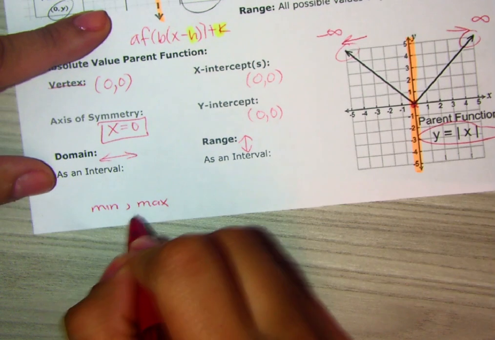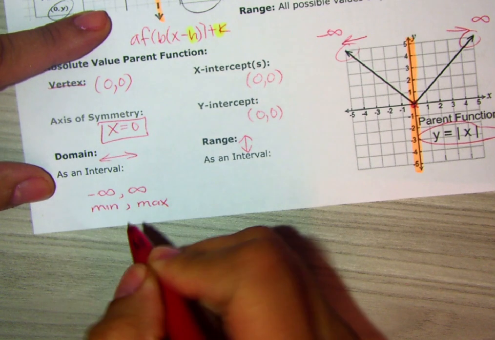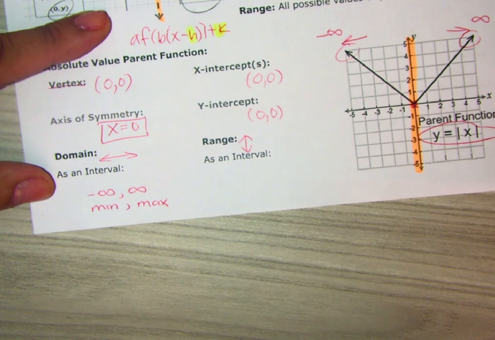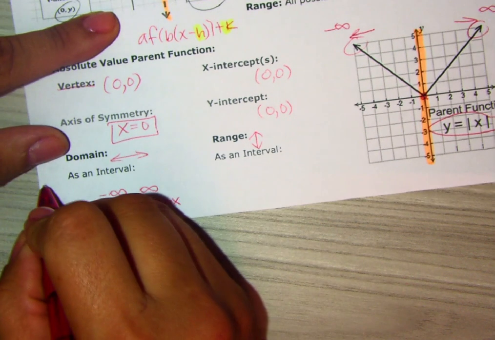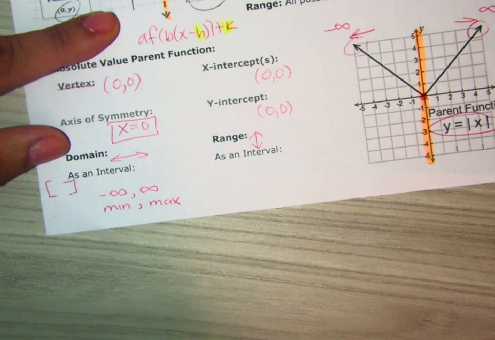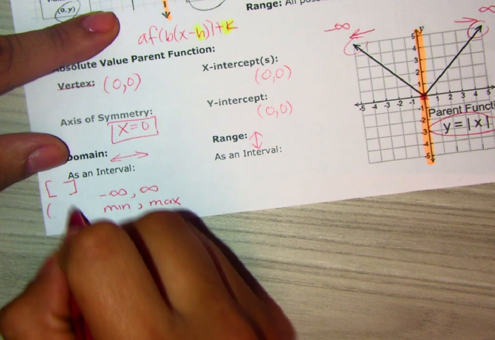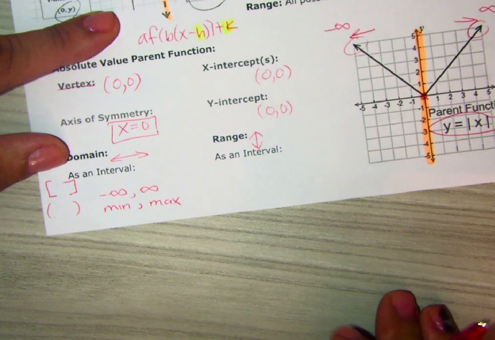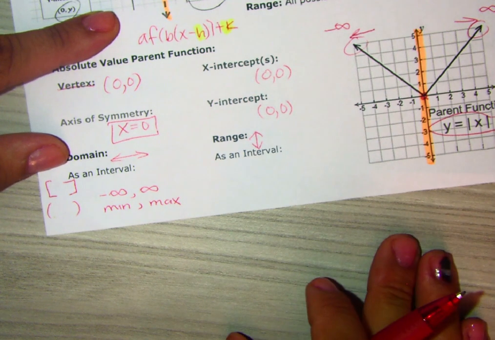So your notation for domain will be negative infinity, comma, positive infinity. Then you have to decide whether you're going to use brackets or parentheses. Brackets mean that we are stopping there and including that number, and parentheses mean we are just approaching that number, but not including it.